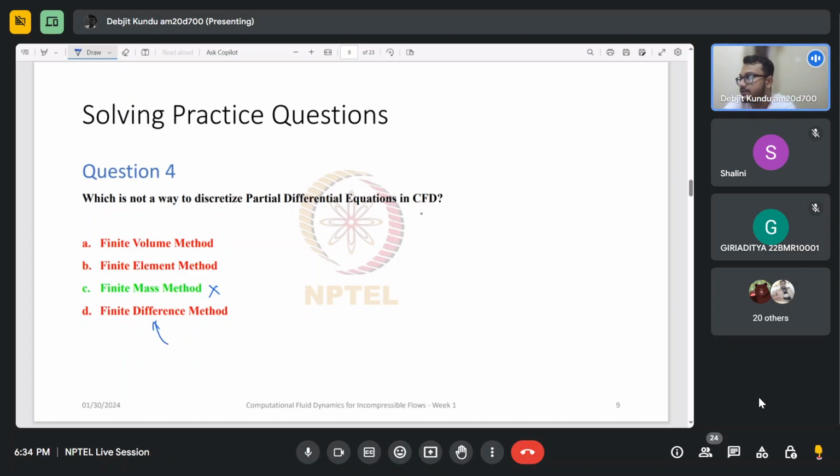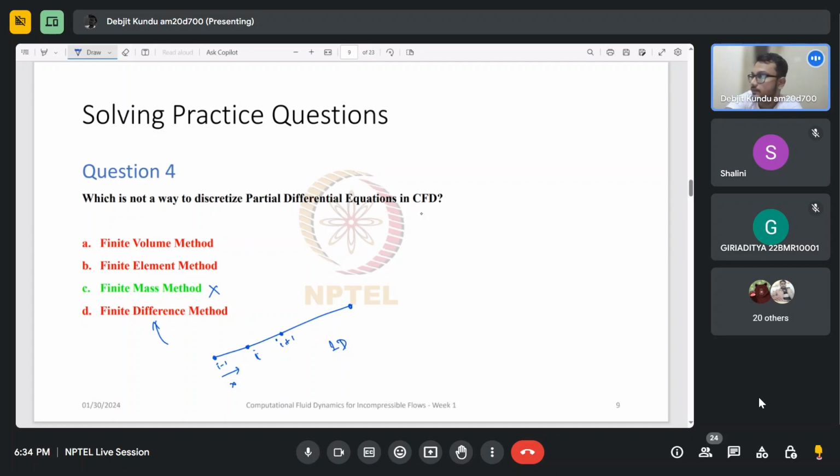Finite difference method is basically, if you have a domain like this, you take discrete points. So for now, my domain is this straight line, a 1D line. Let's say if this is x, and in x I have indices like I minus 1 before it, and I plus 1 after it.